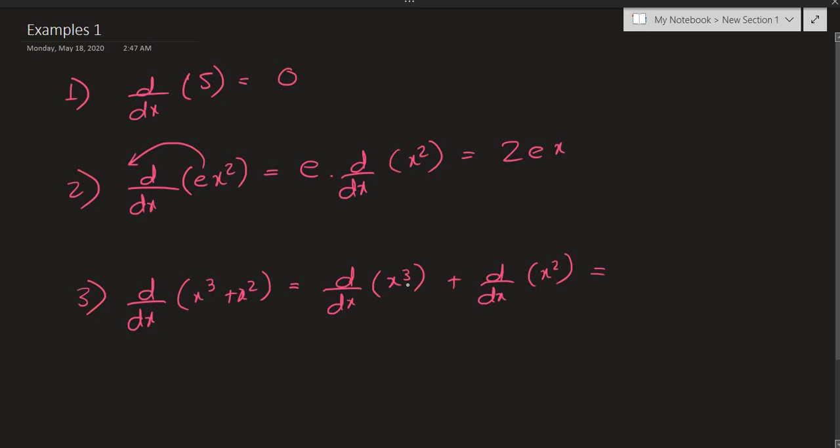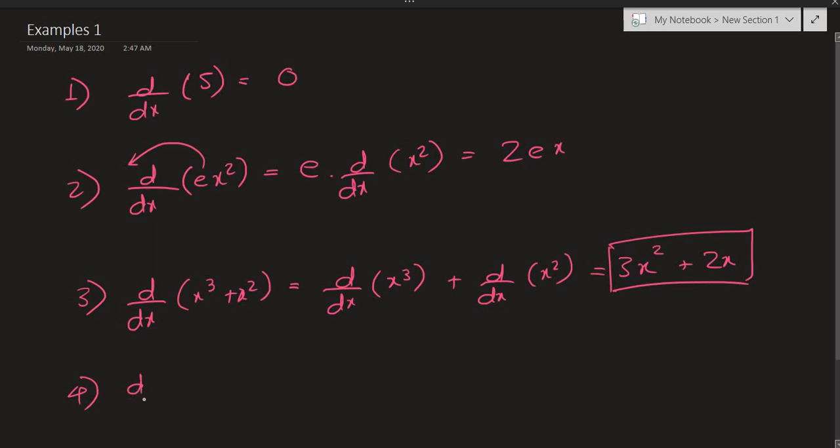X cubed is, well, using the power rule, you just bring that exponent down, and then x raised to the original exponent minus 1. So 3 minus 1 is 2. So that's why this is 3x squared. Great.